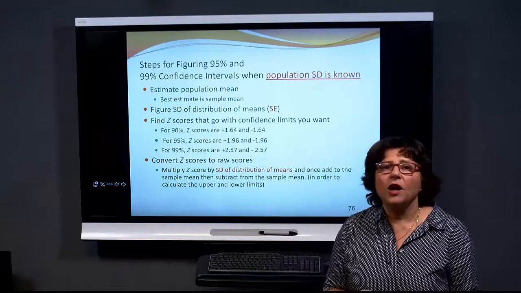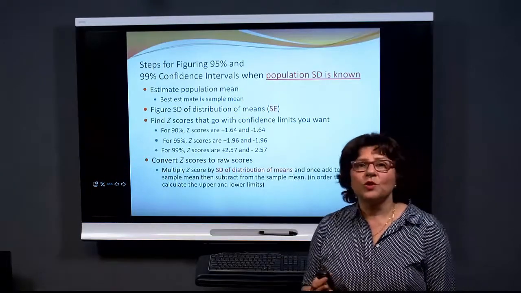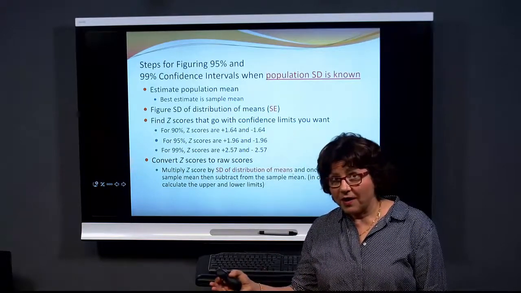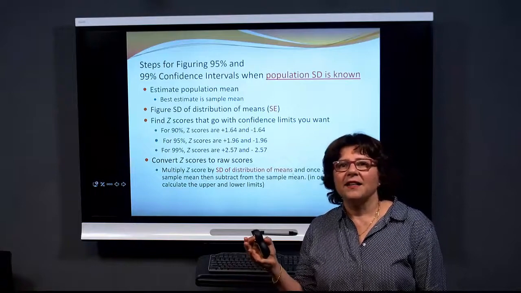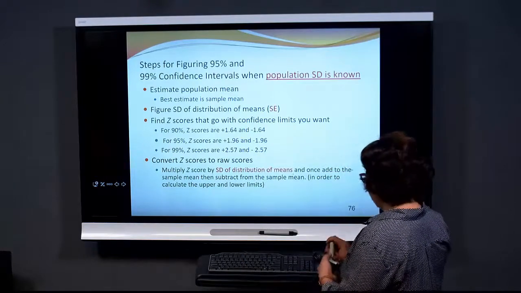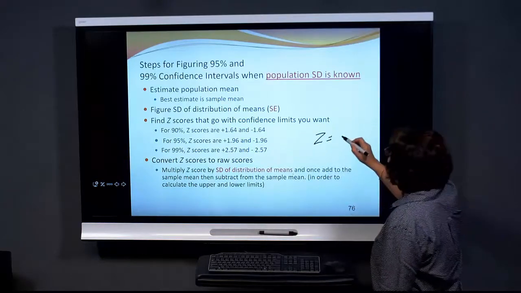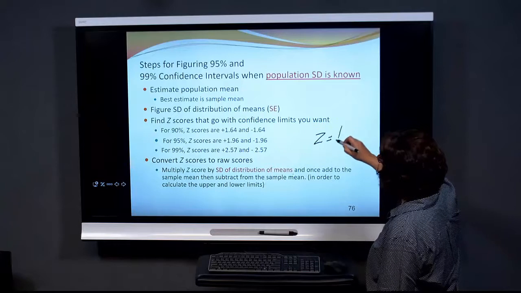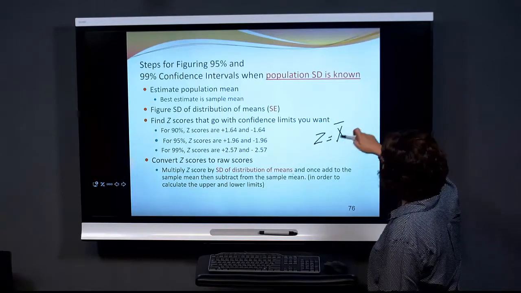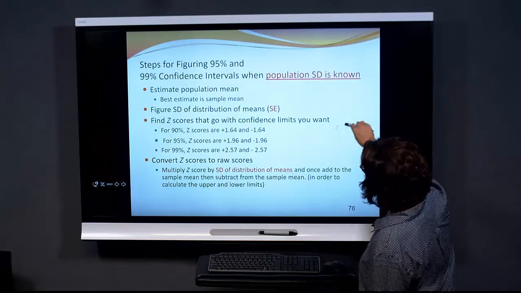Then you convert your Z score to the raw scores. And how do we do that? Multiply by sigma of x bar, not sigma of x, and then plus mean, mu. You remember that Z is equal to your value x bar minus mu over sigma of x bar, but actually we want the opposite way. We want the x's.